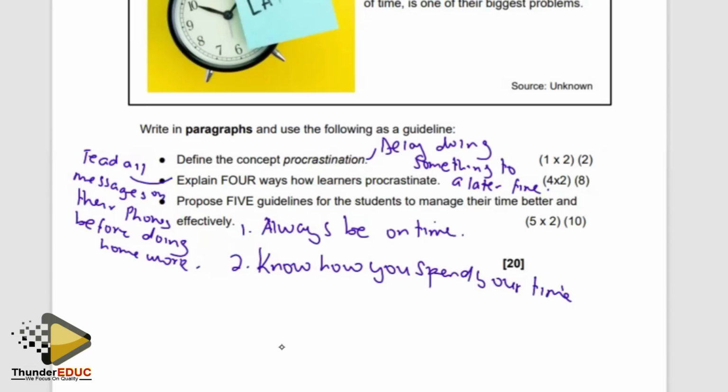Another one, you can draw a study plan in order to analyze how you spend your time and cut out time wasters. Get organized in order to have all study notes and all equipment needed.